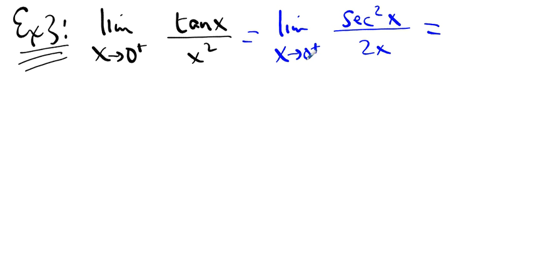So as x approaches 0 from the right, the numerator approaches 1, the denominator approaches 0. Now, we're approaching 0 from the right, so these are teeny tiny numbers that happen to be positive. So you take 1 and divide it by a teeny tiny number that's positive, you get positive infinity. And L'Hopital's rule is A-OK.